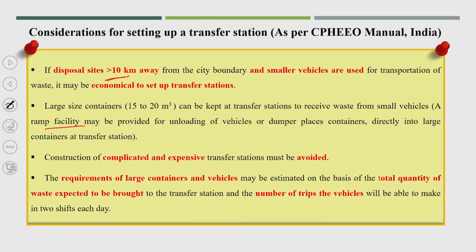But wherever possible we can plan such a facility. The requirement of large containers or vehicles may be estimated on the basis of the total quantity of waste expected to be brought to the transfer station and the number of trips the vehicle must be able to make in 2 shifts each day.